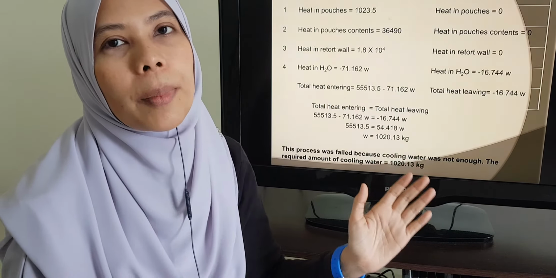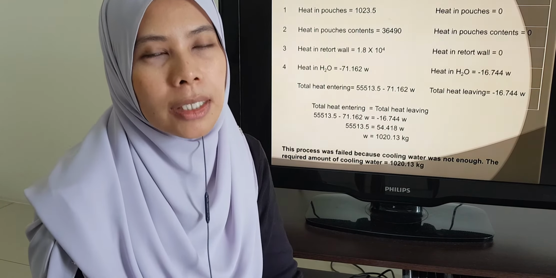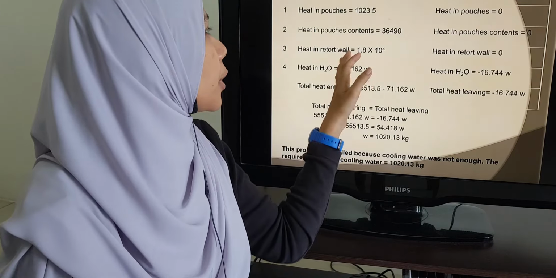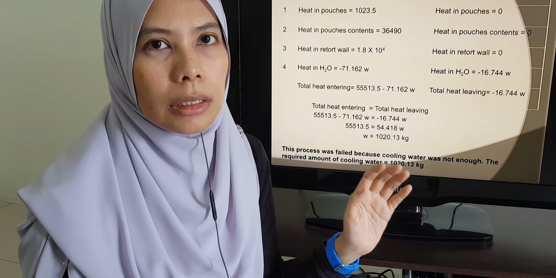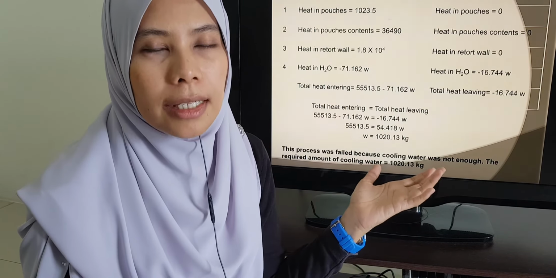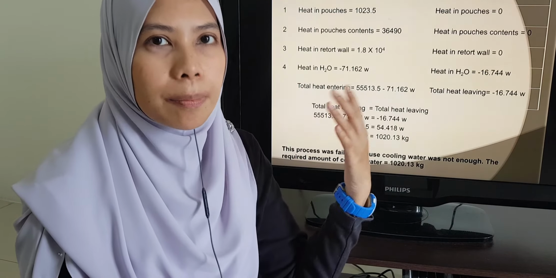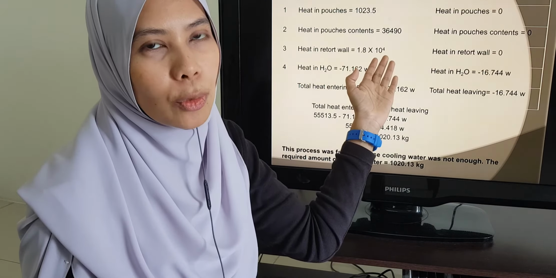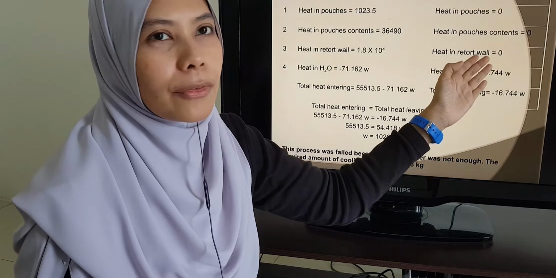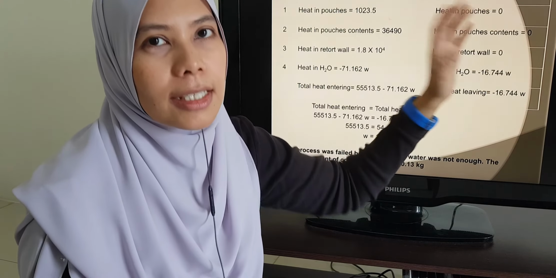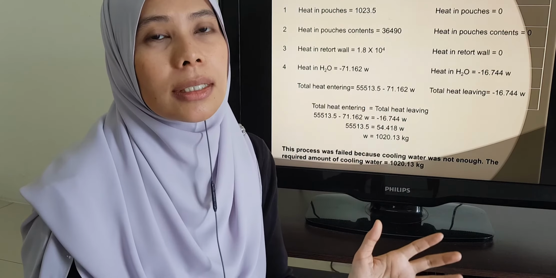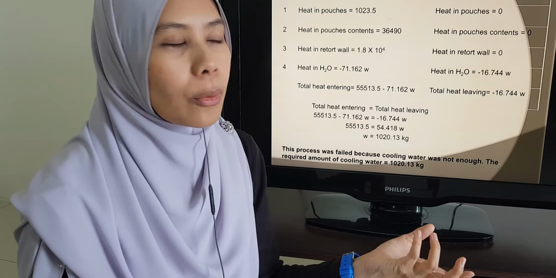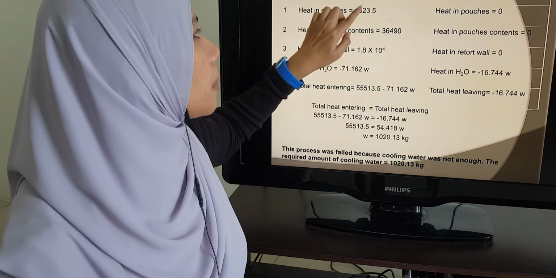Because you need to look back in the problem statement, whereby the amount of heat for the retort wall above 32 degrees Celsius is 1.8 times 10 to the power 4, whereas for the heat leaving, the retort wall should be at 32 degrees Celsius, meaning there is no heat content for the retort wall.